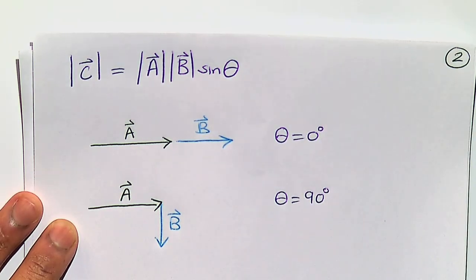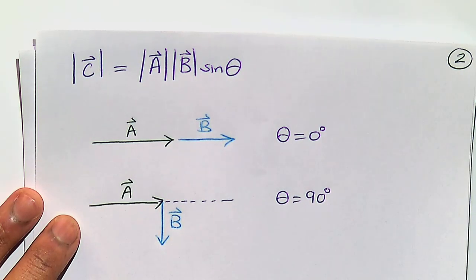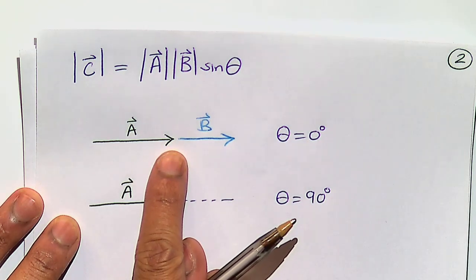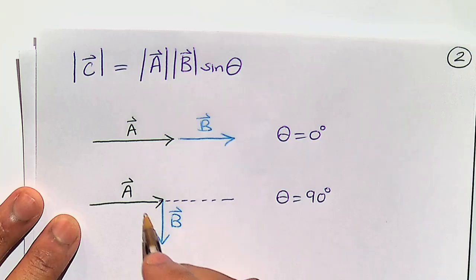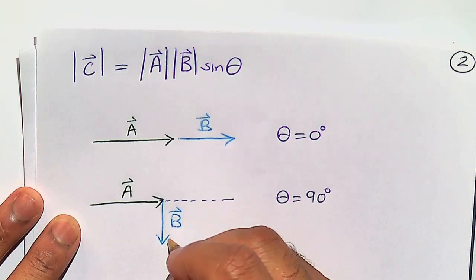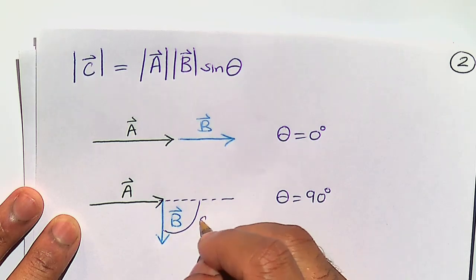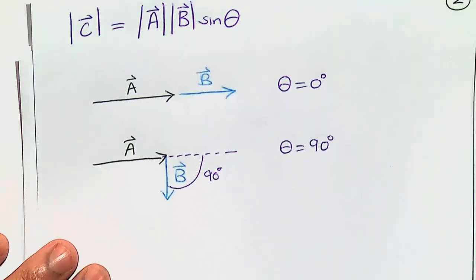So the angle we're paying attention to is in reference to the first vector, okay? So if they're pointing in the same direction, then the angle is 0. If they're pointing like this, then this angle here is 90 degrees. Okay, and it can be more than 90, right?